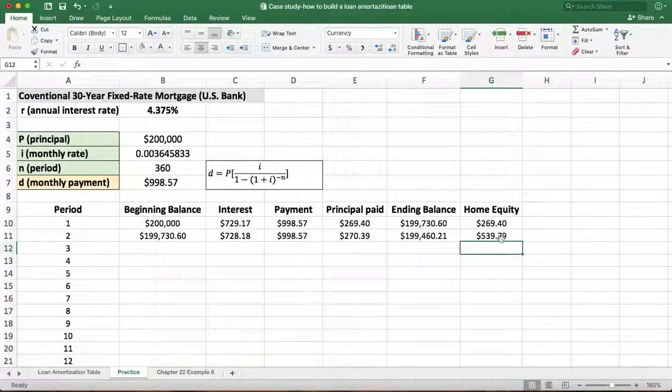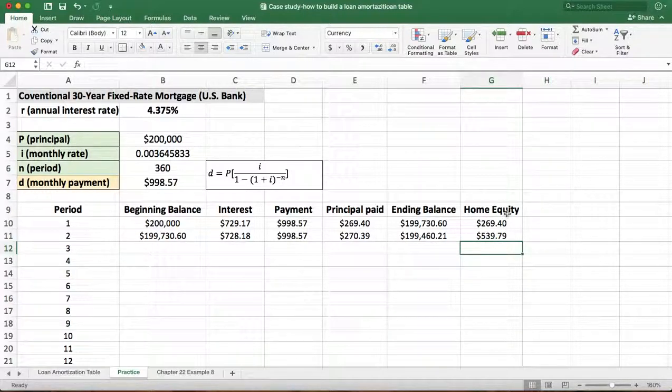Okay, let me talk about the home equity for one second. There is an accounting equation: assets equal liability plus equity.